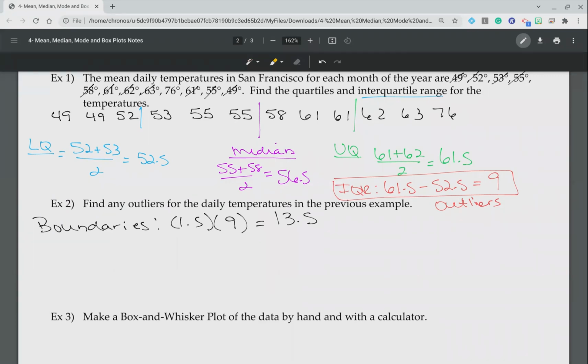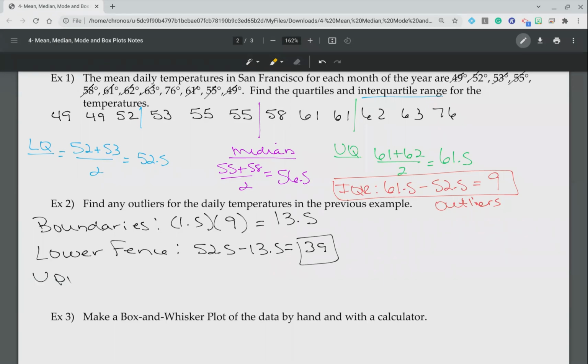Okay, so if we look at our lower fence, we can think of these as fences. It's anything outside of these numbers. I'm going to take my lower quartile, which was 52.5, and subtract 13.5, which is 39. So if there are any temperatures 39 or lower, that would be considered an outlier. And there's not. Our lowest temperature is 49 degrees.